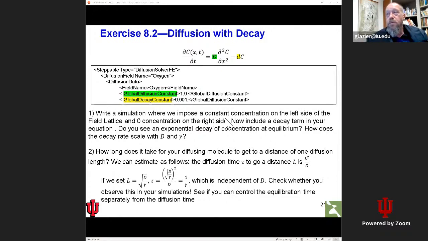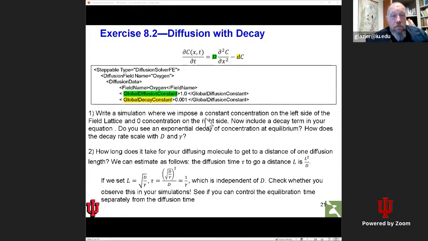And then I've said impose a constant concentration on the left, 0 concentration on the right. And then what's the shape of the result? Do people have the code from last week where we measured the concentration as a function of position? If you do, that's useful. If you don't, we don't absolutely need it.